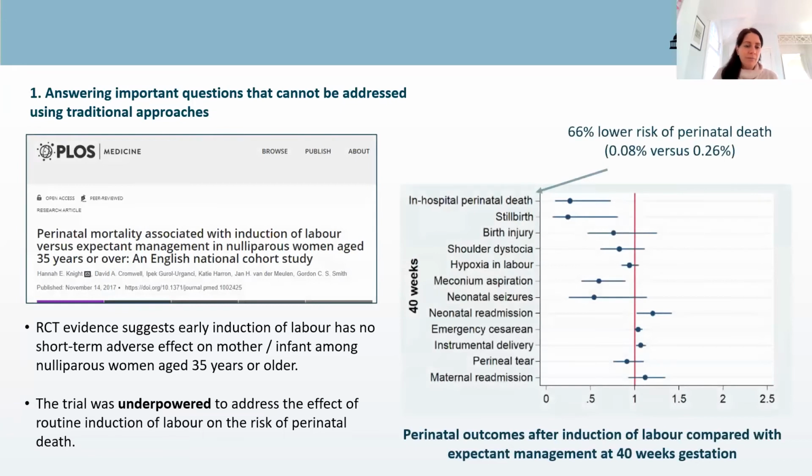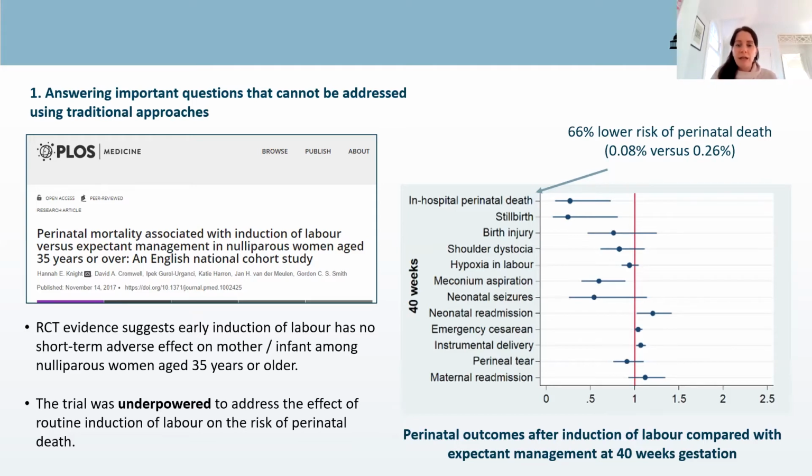But it's really difficult to recruit the tens of thousands of mothers that would be required to have enough statistical power to evaluate the impact on rare outcomes, such as perinatal death. And this is where administrative data, population level data, really comes in.